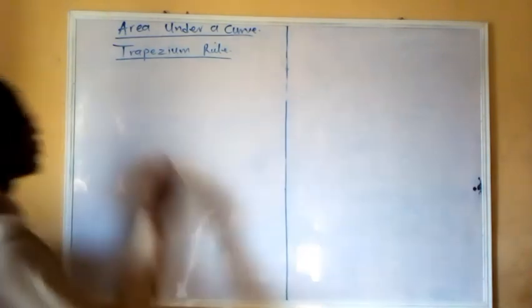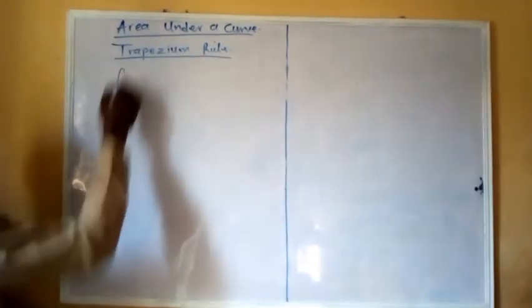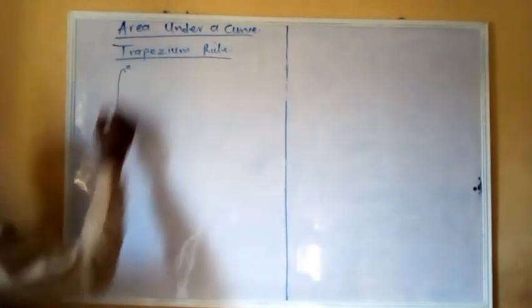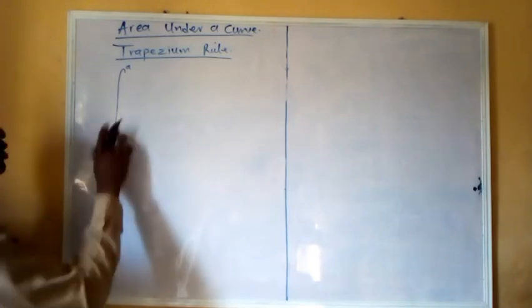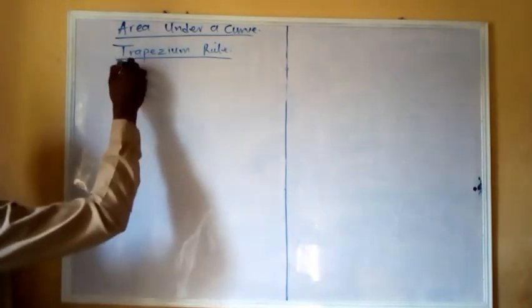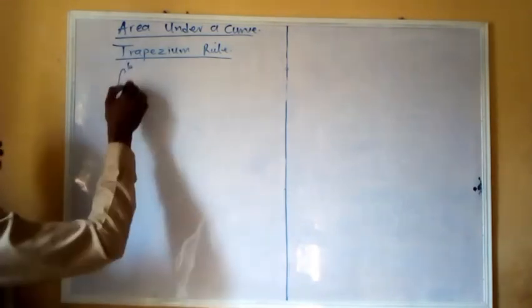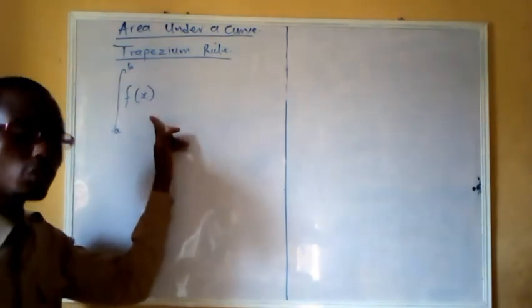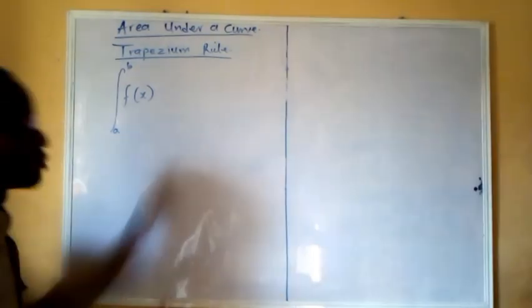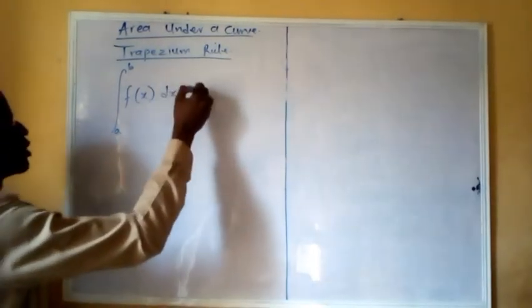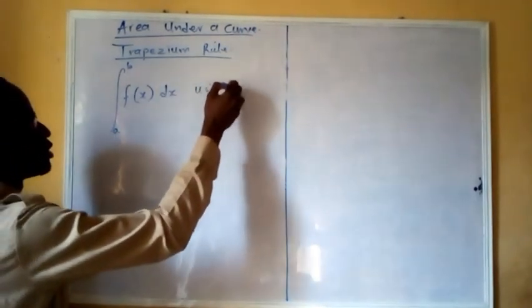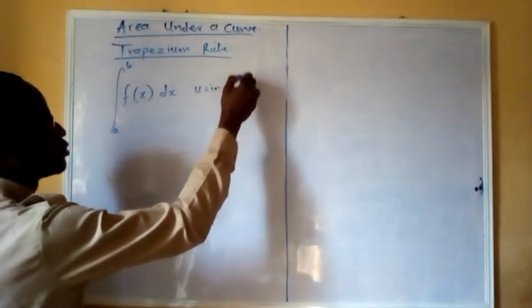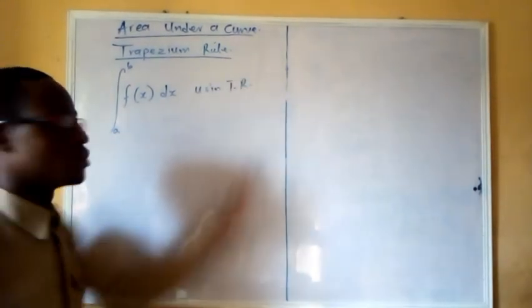So now let's take, for instance, we have the integral from a to b of a particular function f(x) dx, using the trapezoidal rule. Let me abbreviate it.